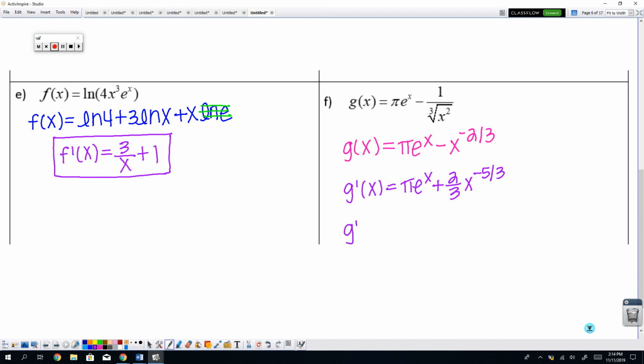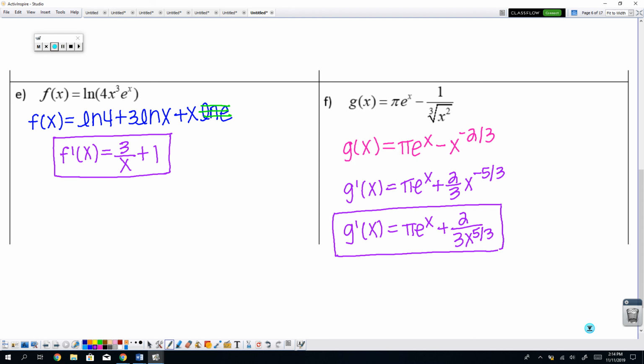So g prime of x equals pi e to the x plus 2 over 3x to the 5/3. Which you can choose to put back into radical form if you'd like, but you absolutely do not have to. Okay? Alrighty, that's all for this lesson.